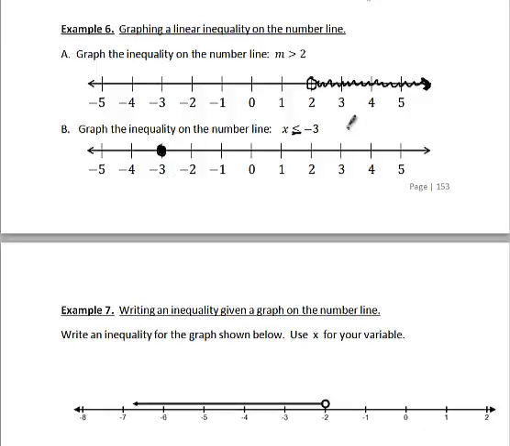In other words, -3 itself satisfies this inequality. So we shade it with a solid dot, and then we want to shade the x values that are less than -3. Left is less, so we start at -3 and we shade to the left.